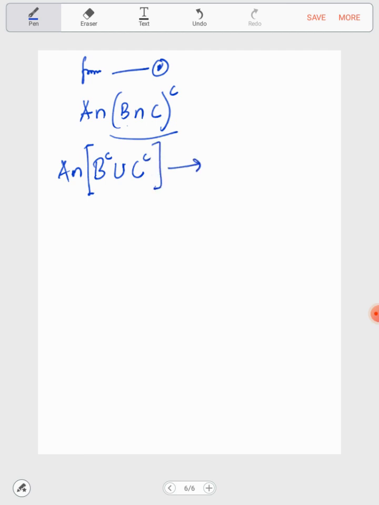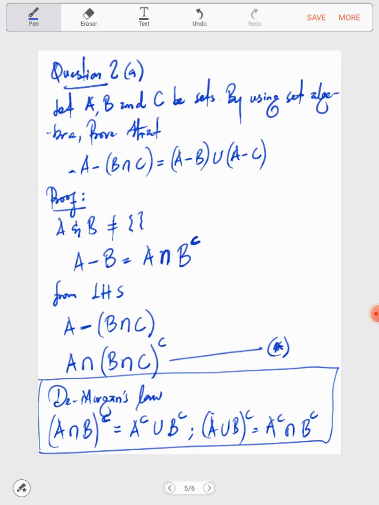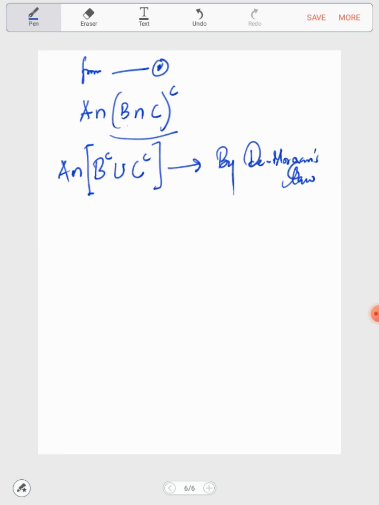What allows us to do that is De Morgan's law. So this is what we call set difference derivation. So let's take note of that extra information.